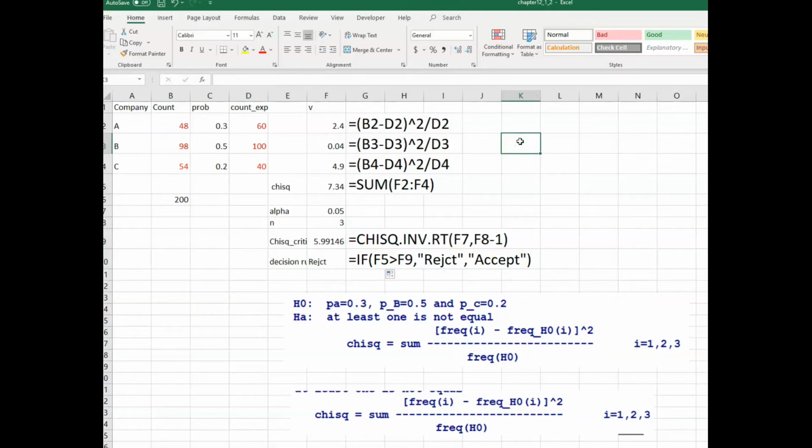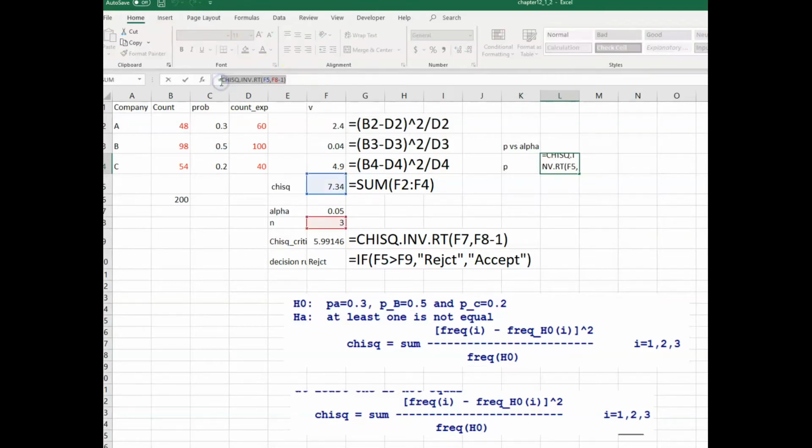Okay, so let's look at p-value. Okay, p versus alpha. So we know alpha is 5%. So let's calculate p-value. CHISQ.DIST.RT. So this is our chi-square value. Then the degree of freedom is 3 minus 1, which is 2. Okay, this is the p-value.